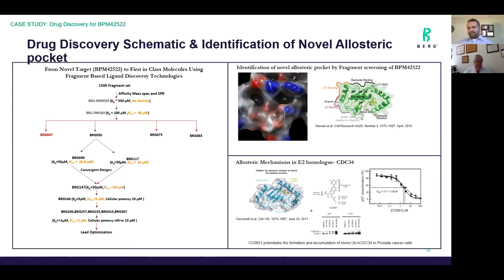There is an example of an E2 homologue called CDC34, where a molecule called CC0651 has been discovered specifically for CDC34, showing some of the on-target effects of this molecule on CDC34. So these targets, I should say, are very amenable to novel allosteric regulation.